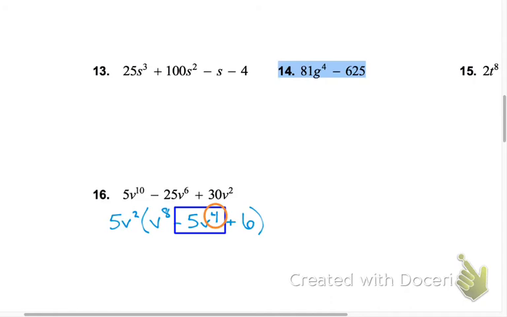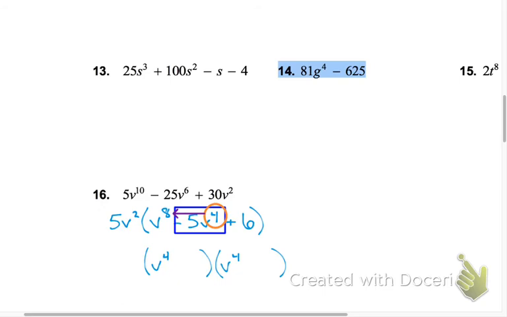Does that make sense? So that middle term, if you have a middle term, it should be half of whatever this value is. That should send up a red flag that you're going to have a v to the 4th and a v to the 4th in your parentheses.